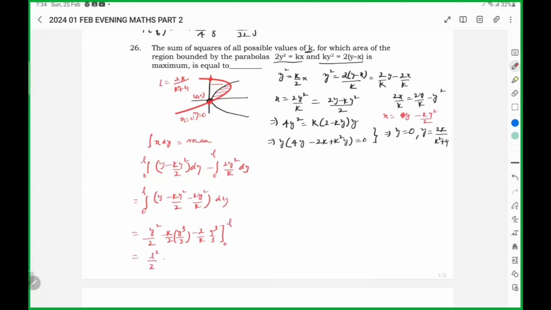L square by 2 minus 2L cube by 3k. One by 2 minus kL by 6 minus 2L by, so here L square. L value is 2k by k square plus 4.